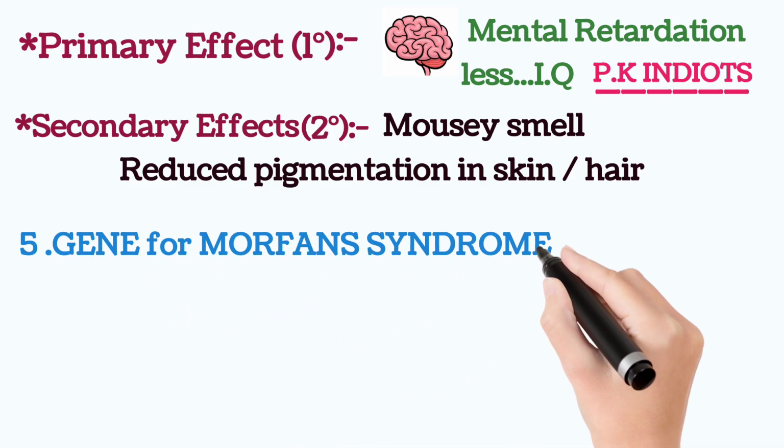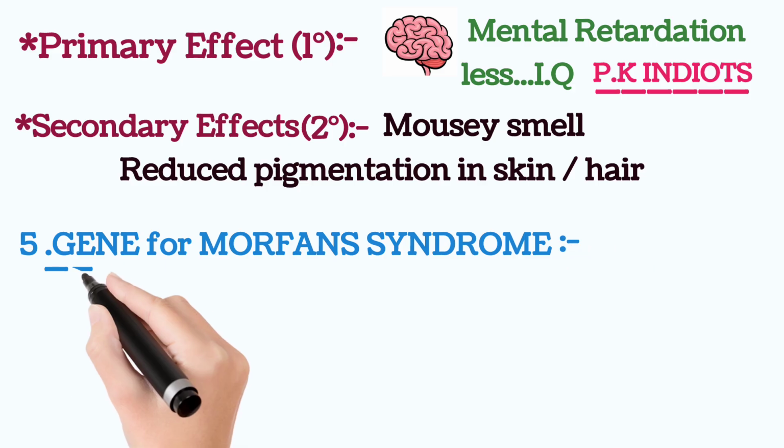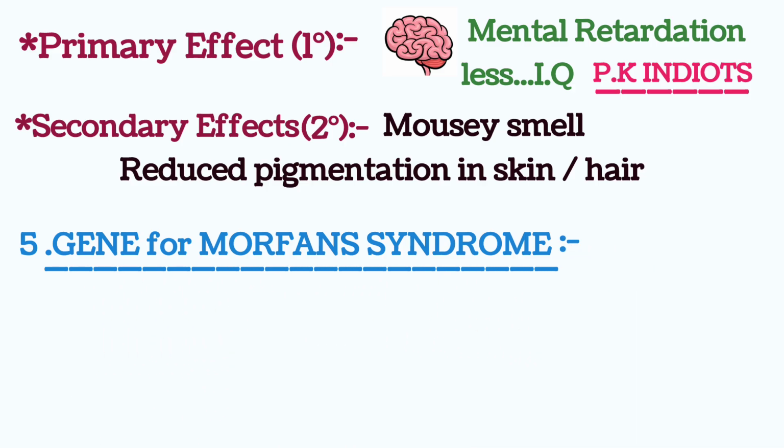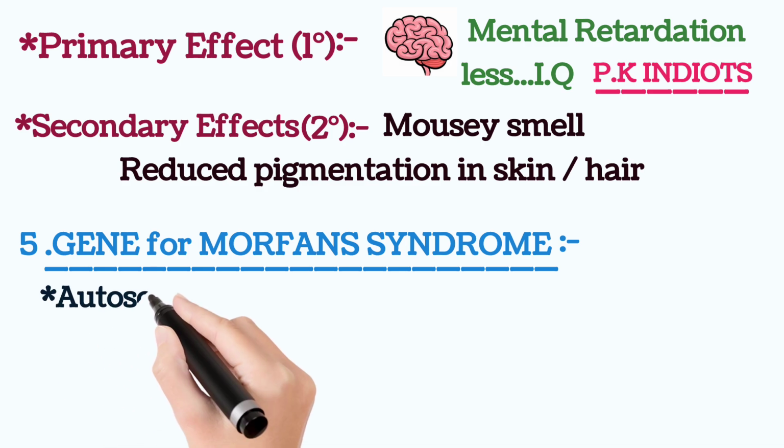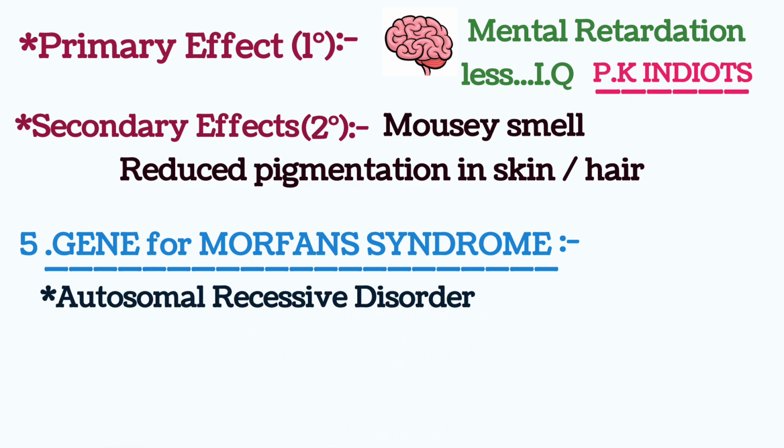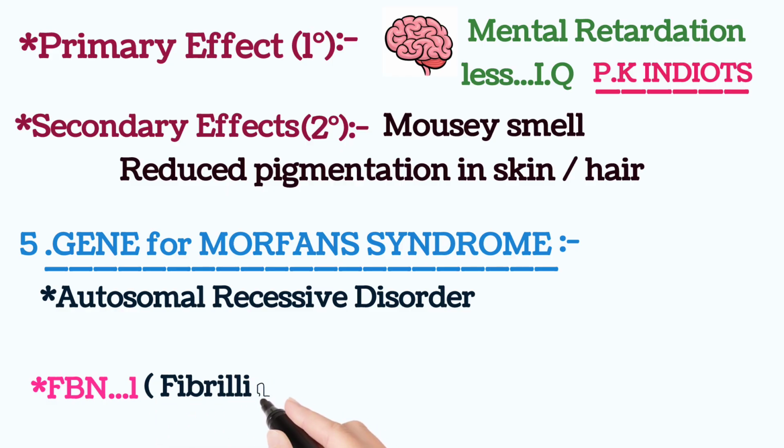Now concluding our topic, we have one more example for pleiotropy. This is the gene for Marfan syndrome. Yes, my dear friends, it is also an autosomal disorder, as we have already explained. Here the pleiotropic gene involved is known as FBN1, which stands for fibrillin 1.